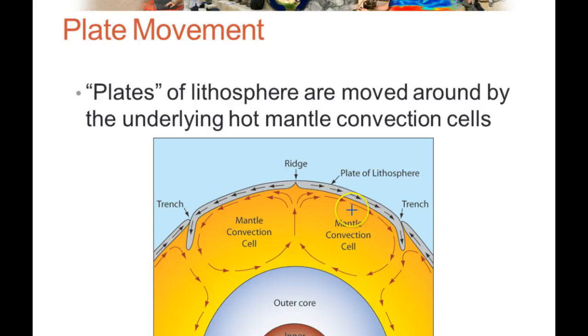It's extremely important that you understand why mantle convection happens. So hot material goes up, hits the cool lithosphere, is sent back down, is heated again, and so on. Now what I want you to do is draw this little picture of a convection cell in your notes and make sure you can explain it.